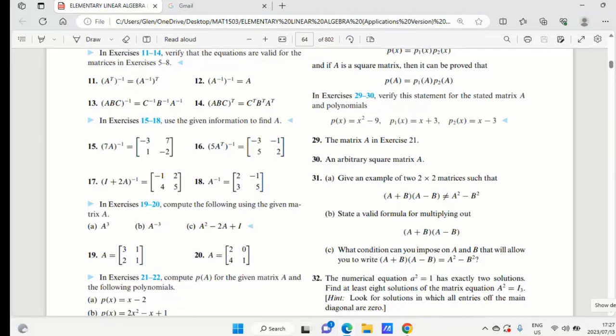The adjoint of that matrix: first row is 5 and -2, second row is -4, -1, minus the identity matrix: first row is 1, 0, second row is 0, 1.